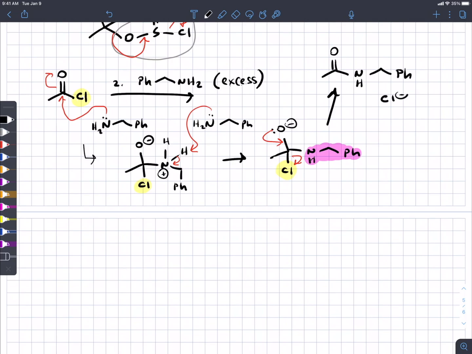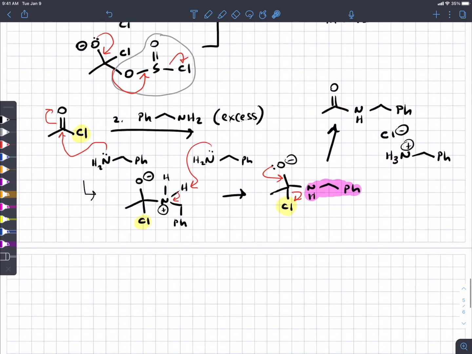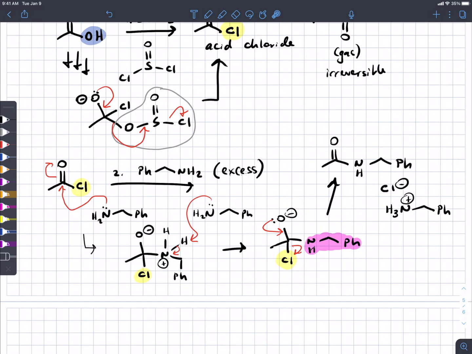You have Cl minus as a leaving group, and then as a byproduct you have the other protonated part, the positively charged ammonium group that you get from doing this proton transfer. Okay, so that's step one. Questions you want to ask about that?